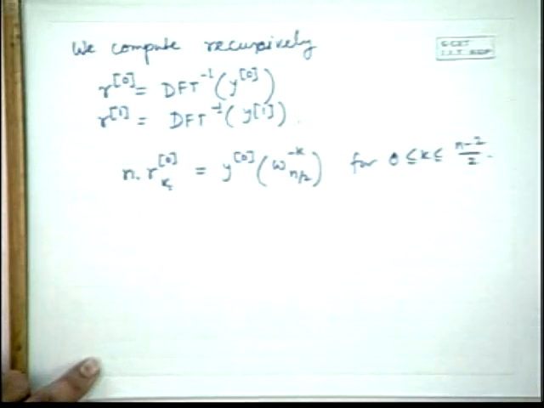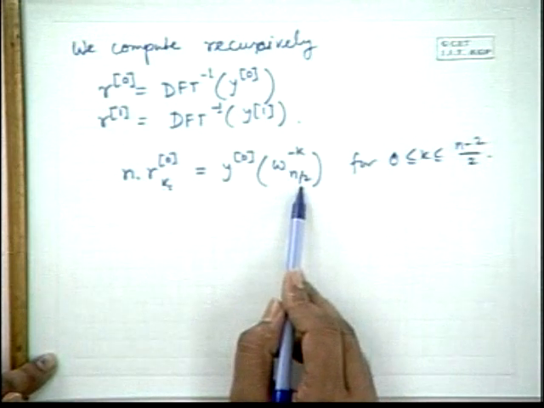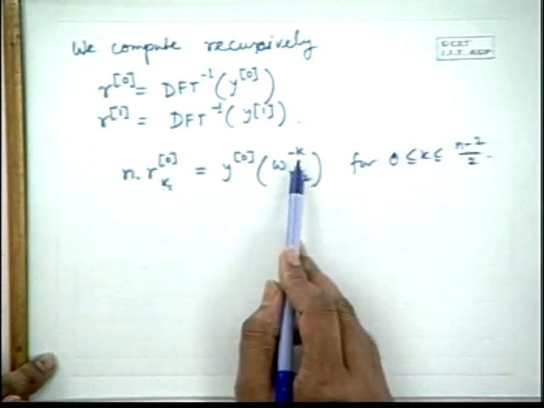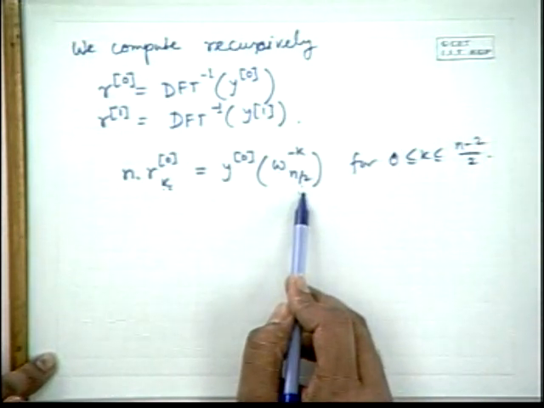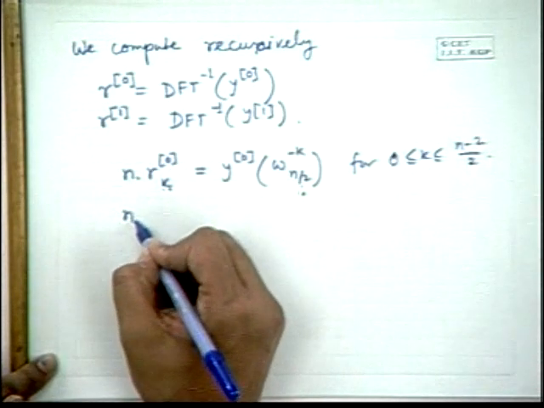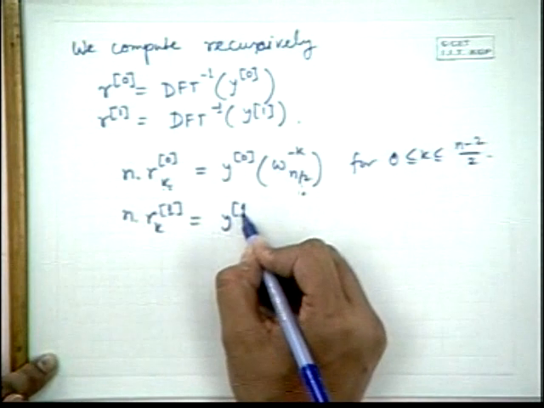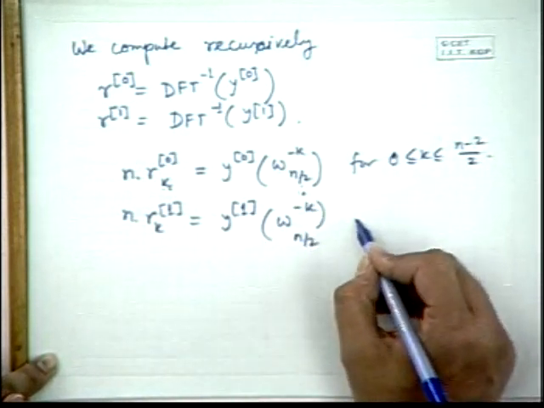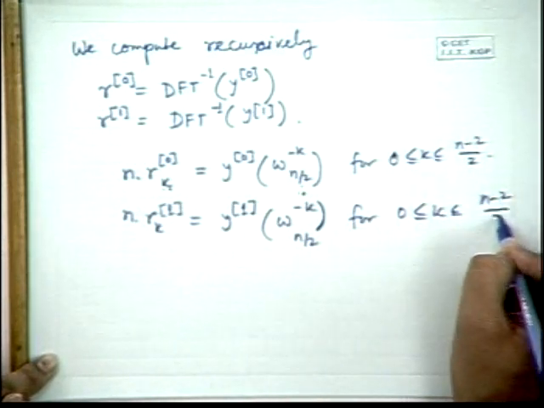Similarly, n R0(k) is exactly evaluating the polynomial y0 at w to the power minus k of n, because you are putting x squared, and that will give you w to the power minus kn over 2 here. So similarly, I can write n times R1(k) equal to y1 evaluated at w to the power n over 2 minus k, for k from 0 to (n-2)/2.